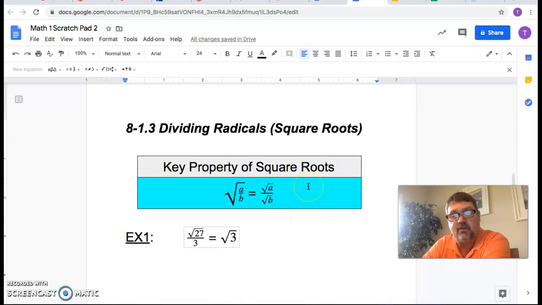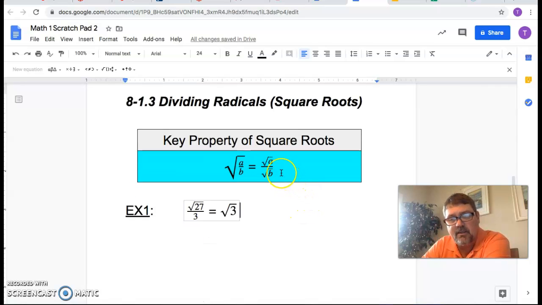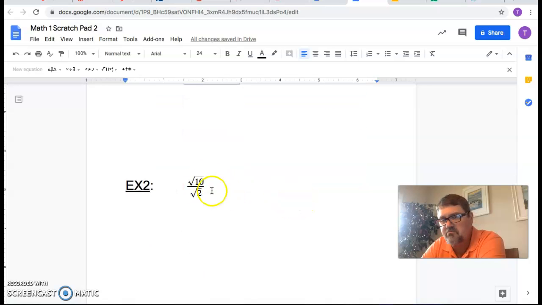I'll tell you right out of the gate, in the next video we'll see it: at our level, Math 1, 2, 3, advanced functions, probably pre-calc as well, they don't leave radicals in the denominator. We'll see in a little while they call that rationalizing the denominator. So anytime you see a radical down here, it's not in its simplest form for us.